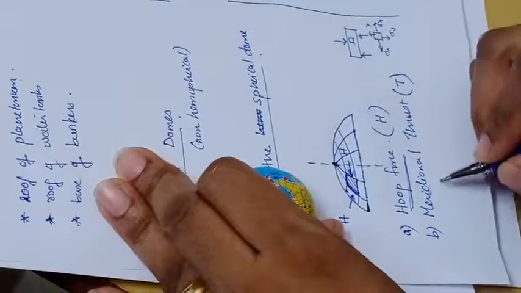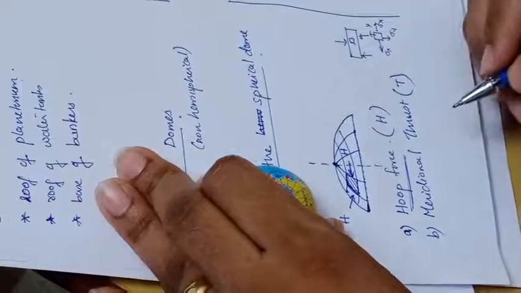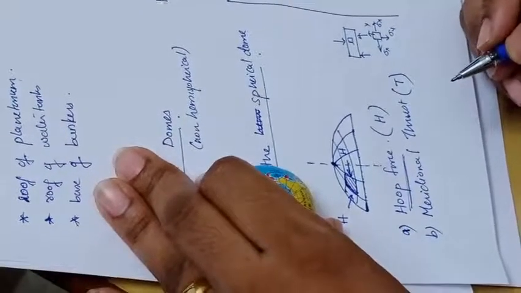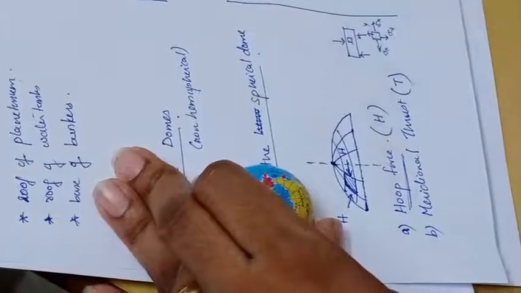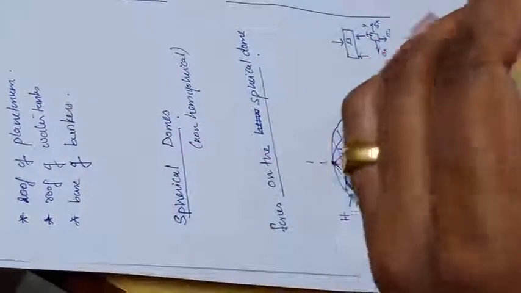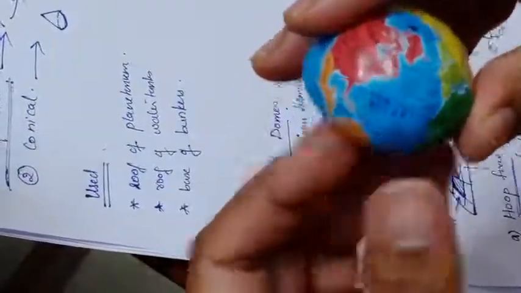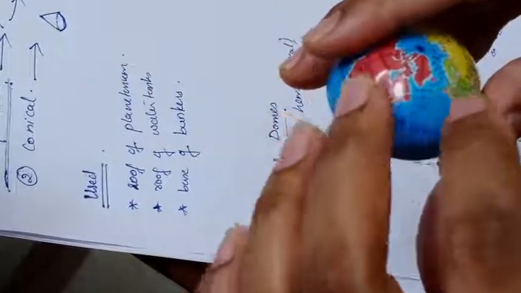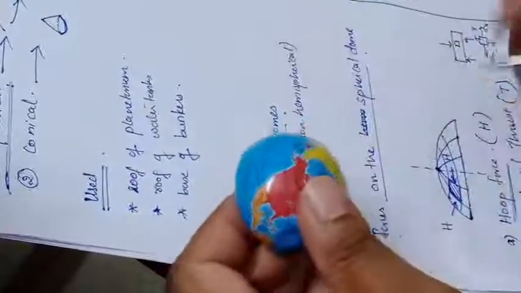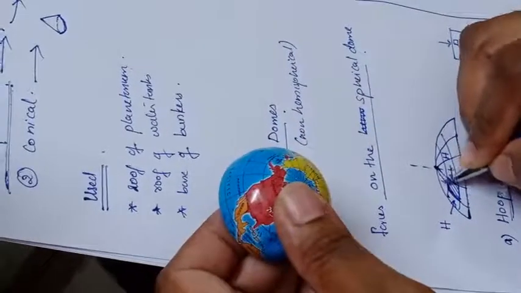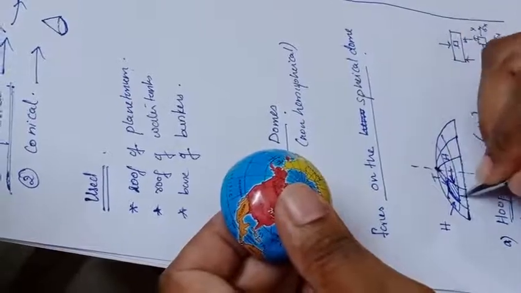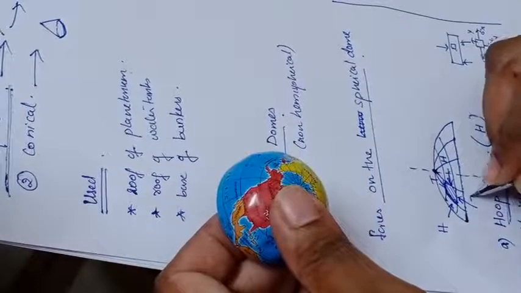And next is meridional thrust. Meridional thrust is a force which opposes the vertical forces. That is, due to the self weight or other weights, the dome will have a tendency to elongate. So those forces which resist these vertical forces are treated as the meridional thrust.